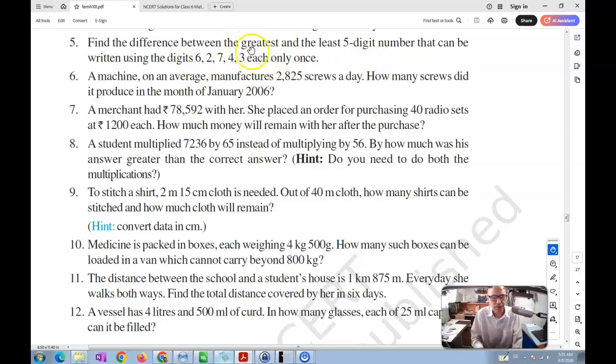So you want to use these digits in order to write the greatest number that can be written using these digits, of course using each digit only once. And also the smallest number that can be written using these digits. And then you want to find the difference between those two numbers. So how do you do that?